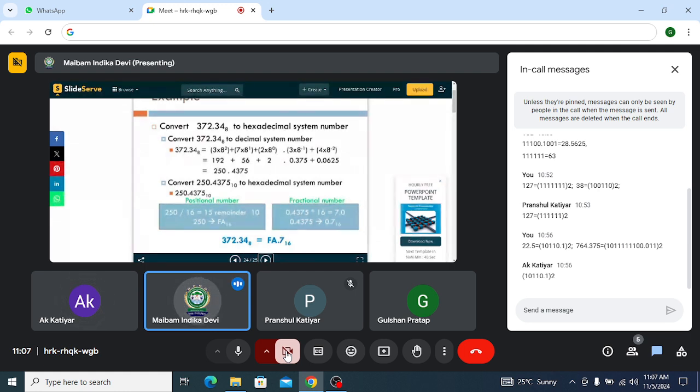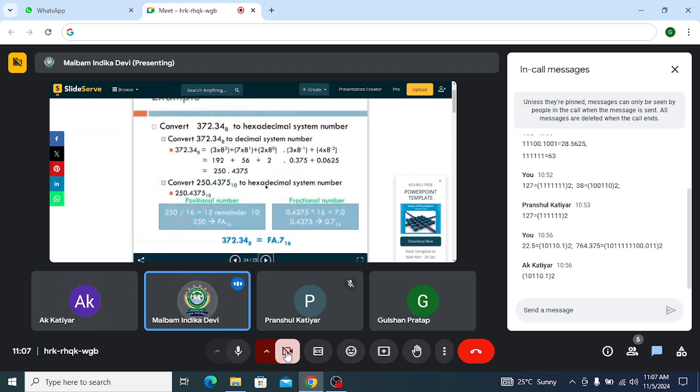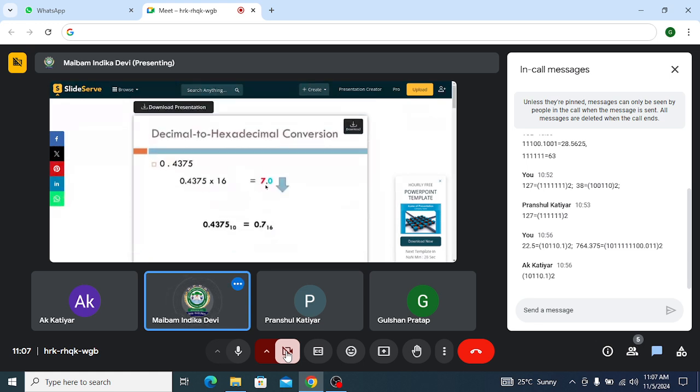Understood so far? Yes, ma'am. Now you want to convert to hexadecimal. From this decimal number you can convert to hexadecimal. What was the process? From decimal to hexadecimal, there is a non-fractional part and a fractional part.